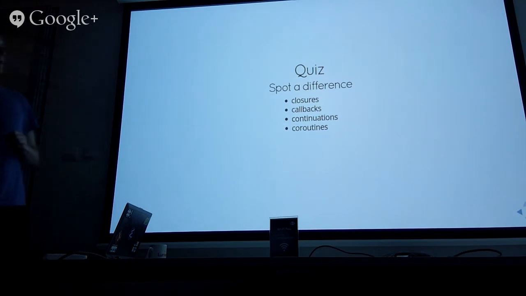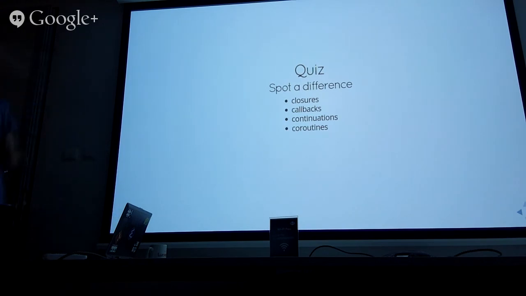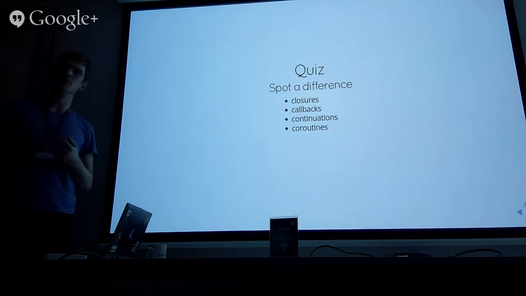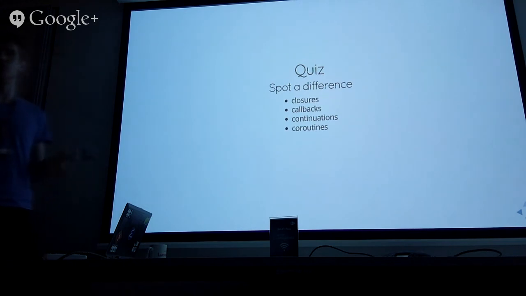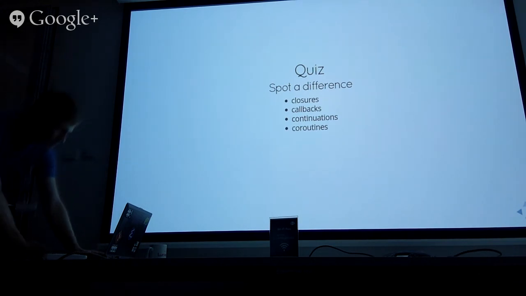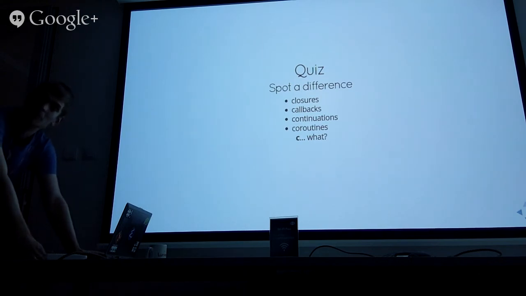It doesn't have to have any state assigned to it. It could, but it doesn't have to. Continuation is something we'll talk about. And coroutines are this kind of thread-ish, actor-ish something, which is also a function, actually. It's an object. But these are all similar concepts of one thing: passing state and behavior in your program, in logic.